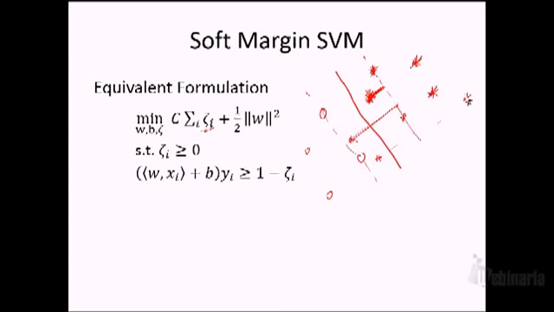Now, if zeta i is allowed to be less than or equal to 0, then some point that's deep into the region of the class of stars will have the corresponding zeta i be negative.